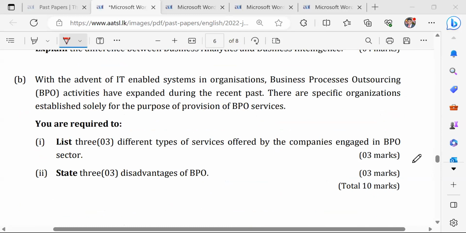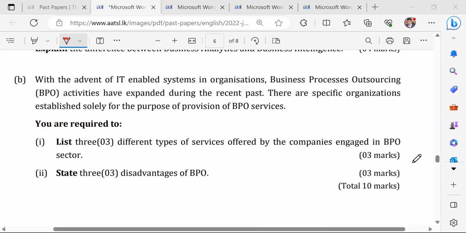With the growth of IT-enabled systems in organizations, business process outsourcing, that means BPO, activities have grown during the recent past. There are specific organizations established solely for the purpose of providing BPO services. This we have discussed. What is BPO?